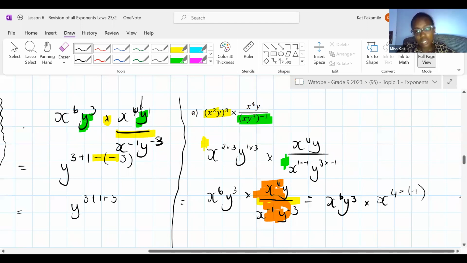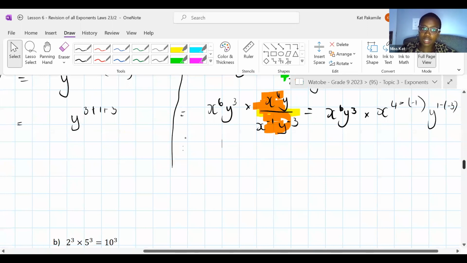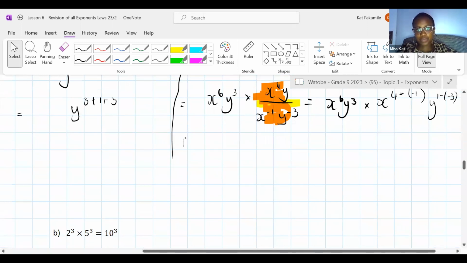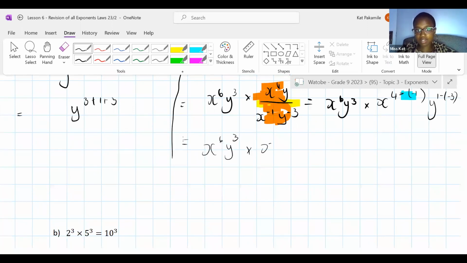Then y^(1 minus -3), the 1 that was already there. Equals x^6 y^3 times, and these two negatives give you a positive, so x^(4 plus 1), which is 5, and y^(1 plus 3), which is 4.